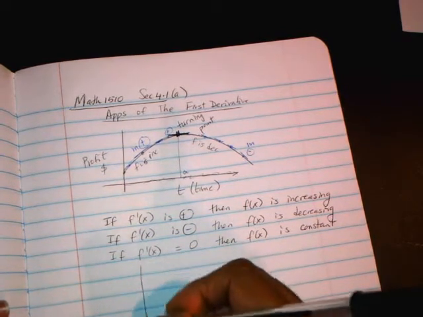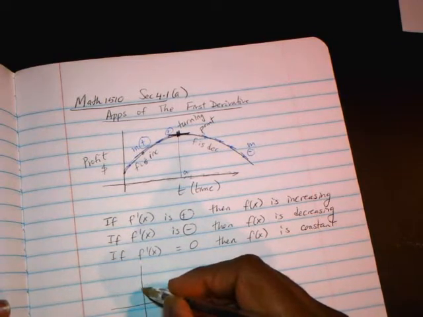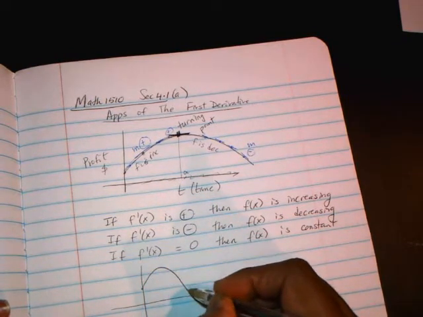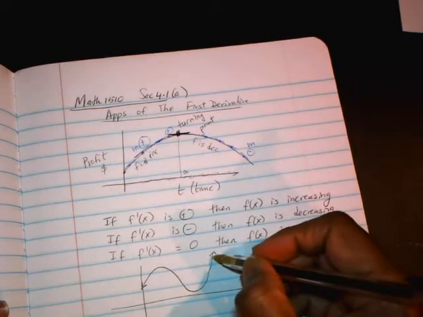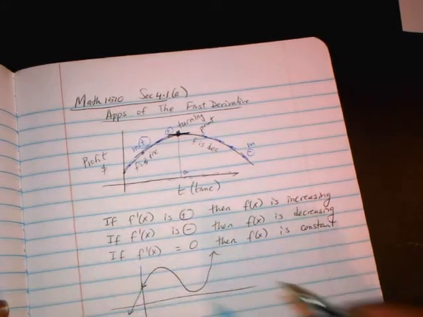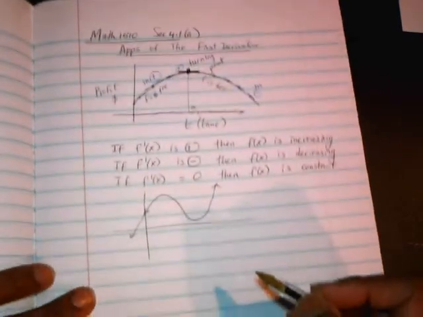You could also have a situation like this, where the function could first be increasing and then decreasing and then increasing again. Notice that it goes on forever, and this could also be going down in this direction forever.